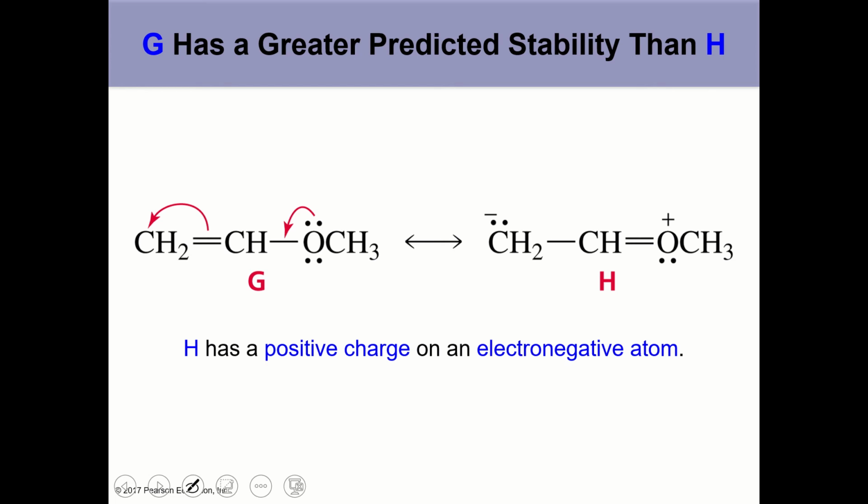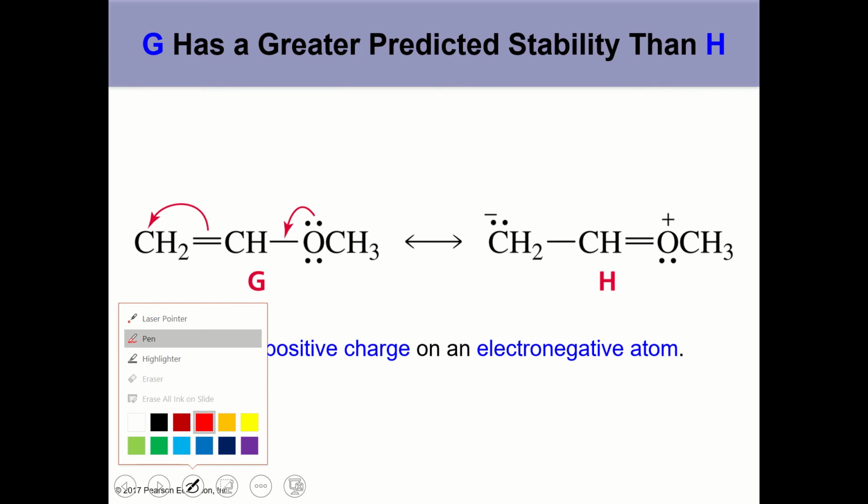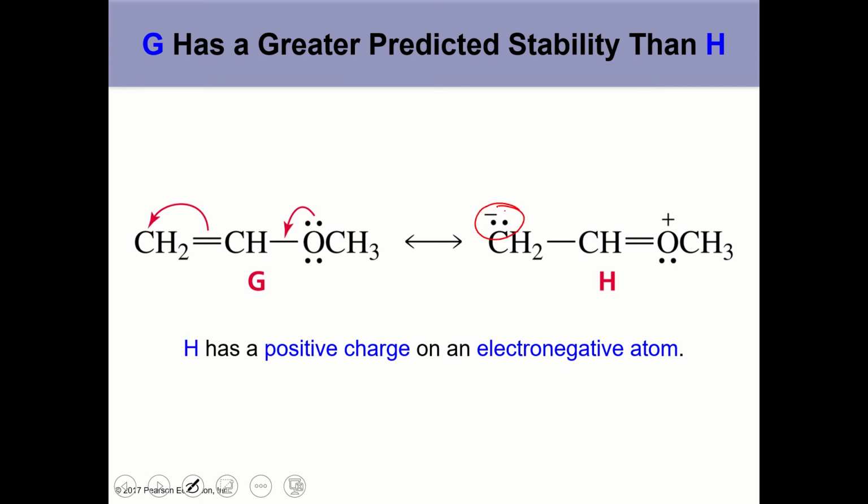Okay, comparing G and H. H has a negative charge on a less electronegative atom, and a positive charge on a more electronegative atom, which is a less stable structure, because the ideal structure would have either a neutral charge or the negative charge on the more electronegative atom and the positive charge on the more electropositive atom.